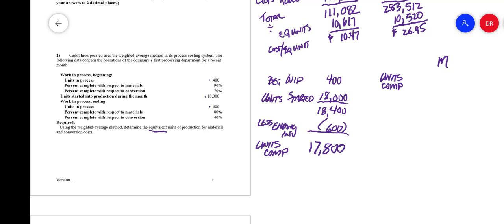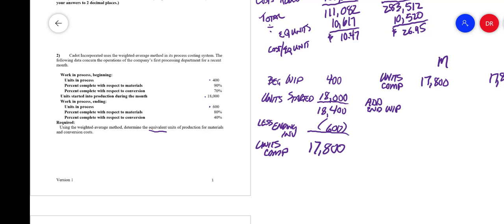So we start with 17,800 for each because the units completed are complete with respect to both materials and conversion. Then we're going to add ending work in process, the equivalent units that are complete.